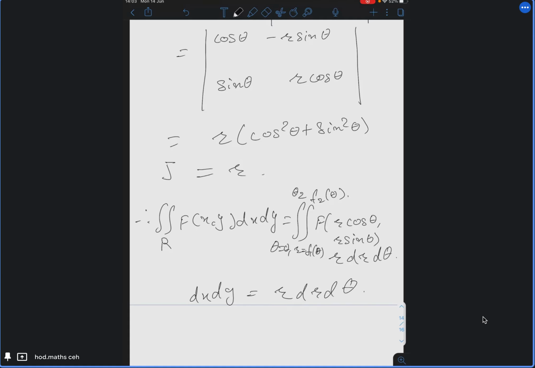So this is one transformation, based on x is equal to r cos theta, y is equal to r sin theta in polar coordinates, dx dy will become r dr d theta. Suppose from polar to Cartesian you want: r cos theta will be x, r sin theta will be y, and r dr d theta will be dx dy. It is not just dr d theta. That will be wrong. Got it?